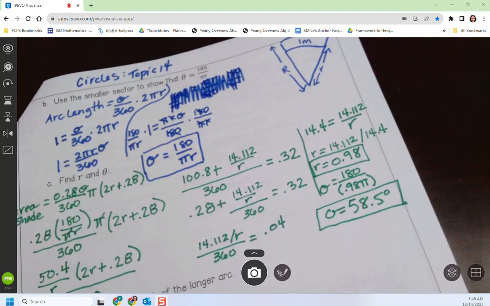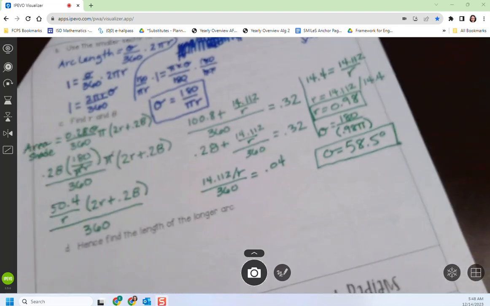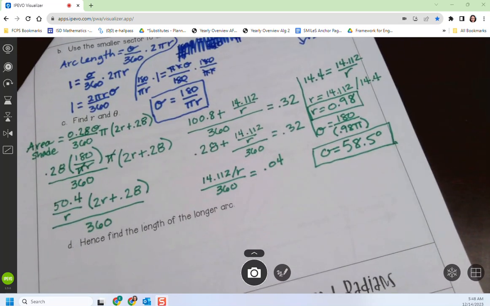All right, so now once you know the value of little r and you know the value of theta, you can use that to find other values in the circle. So we're going to find the value of the longer arc.